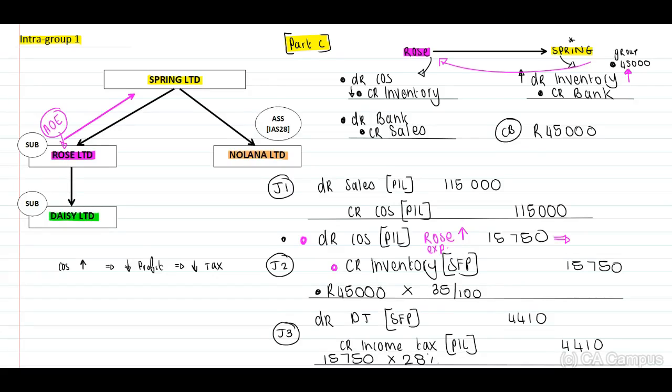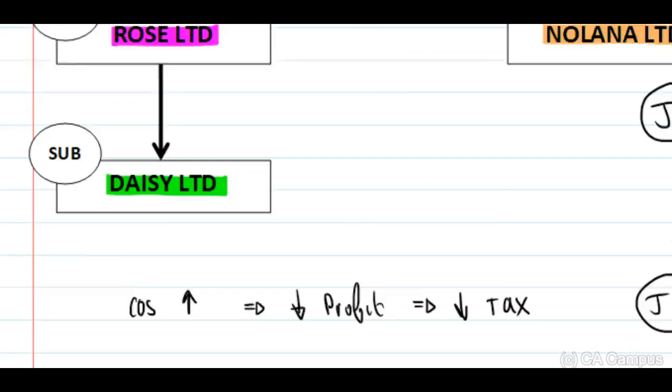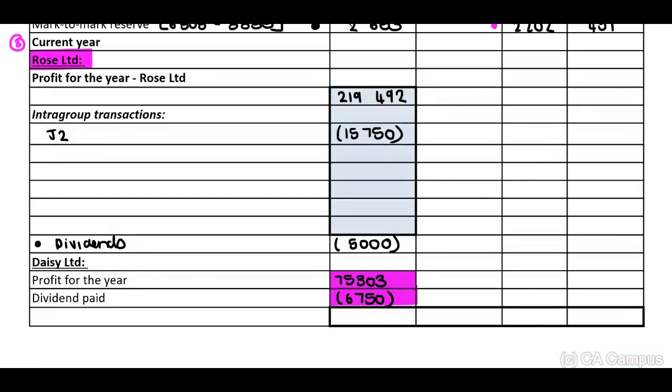Journal number 3, we credit our income tax. Therefore, our income tax decrease with a 4410. Journal number 3. If our tax decrease, this is a positive.